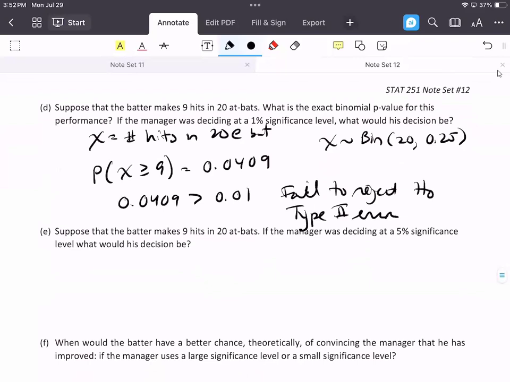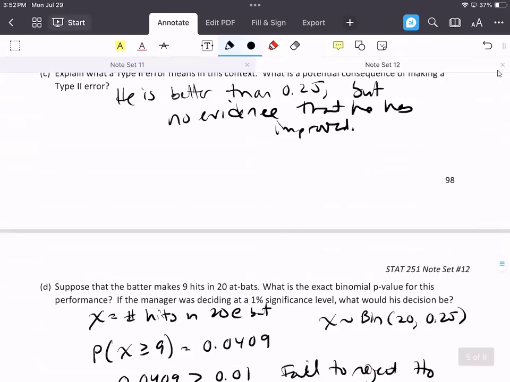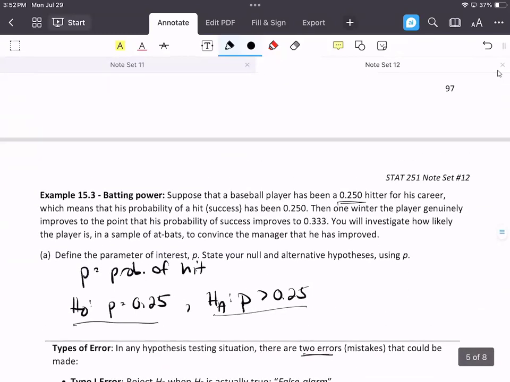What would the decision be at the 5% significance level? Well, let's see, we got 0.0409, comparing it to 0.05. This time it's less than. We reject the null here, and he gets his raise. There is no error, because we know that he actually has improved.